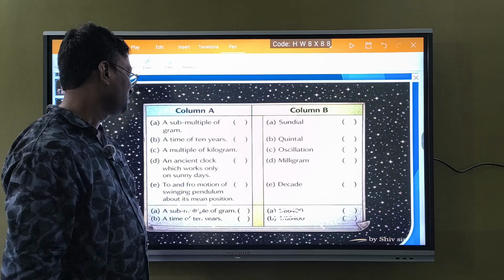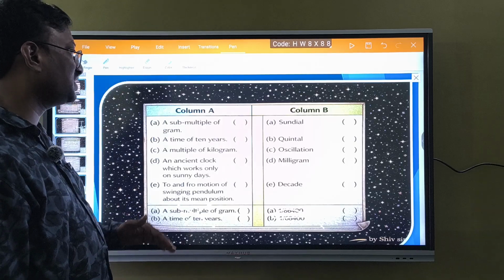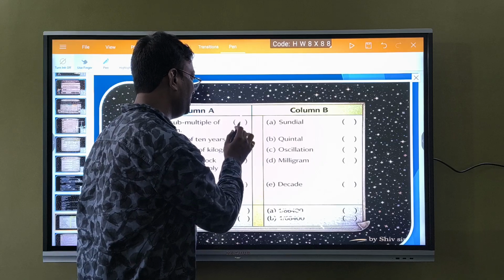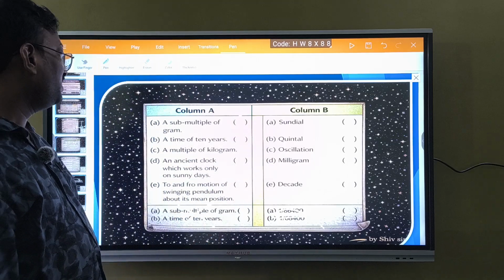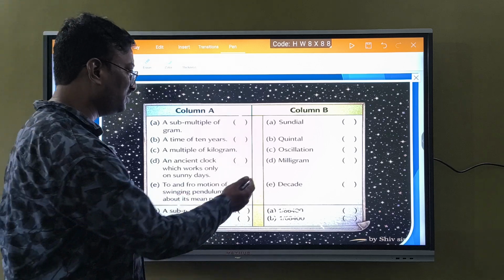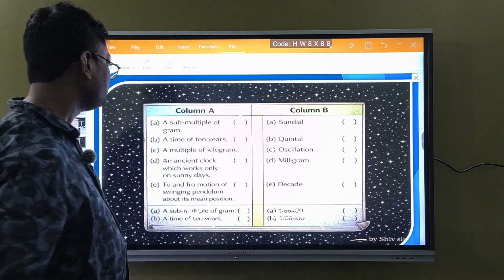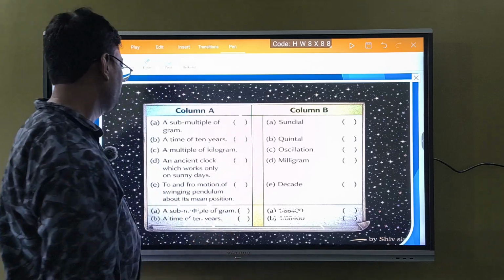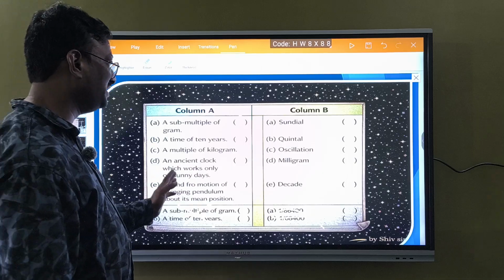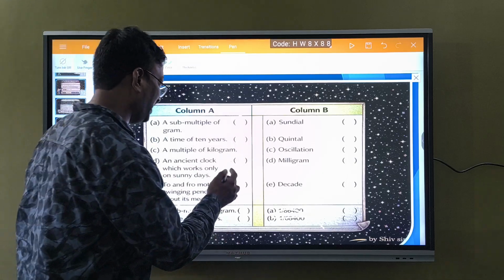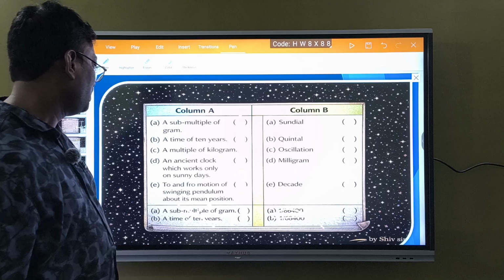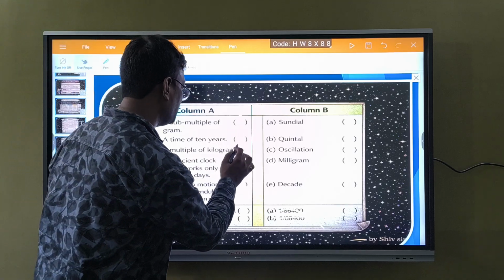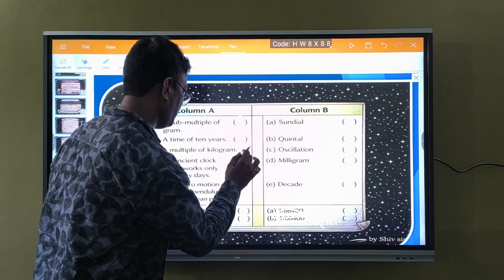Next thing is, see here, a submultiple of gram. Submultiple means less than gram. What is that? D. This should be milligram, D. And a time for 10 years is called decade, that is E. A multiple of kilogram is quintal, that is B. An ancient clock which works on sunny day, we call it as sundial, that is A. So this is milligram, this is B, this is A. Okay.